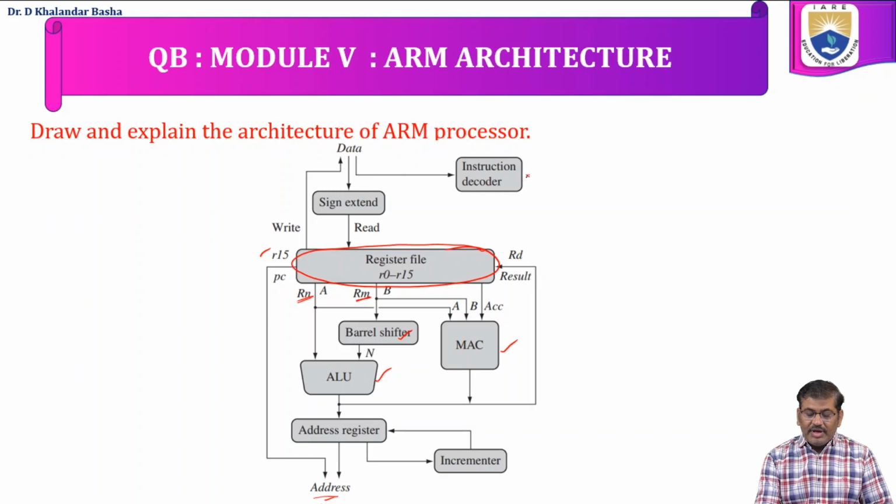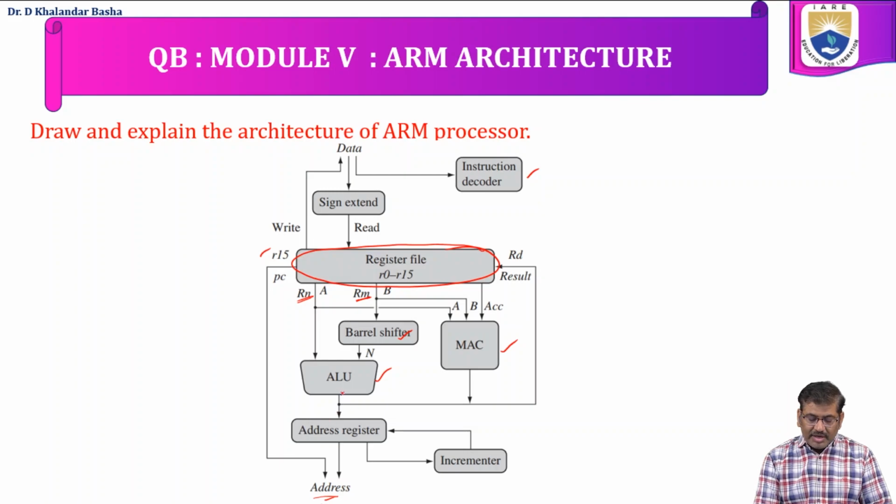Next, here we have an instruction decoder. Depending upon the address in the program counter, that instruction will be fetched and decoded. Whatever data you are going to place, you can have a sign extension also.